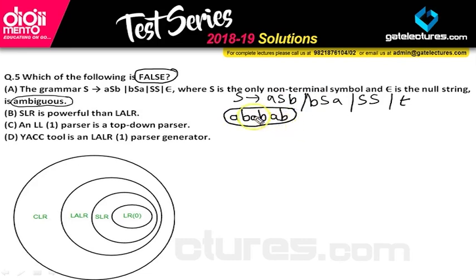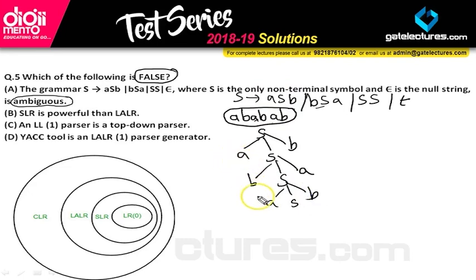So I will use this grammar and see if I can give more parse trees for the same given string. Let's say I first derive A, S, B. Next I want B, so I will use this production, B S A. Third I want A, so let's use this production again, A S B. ABAB is already produced, so the last one will be epsilon.